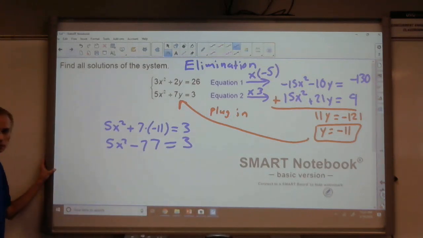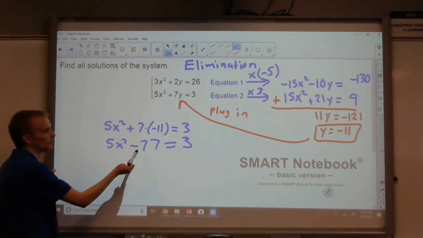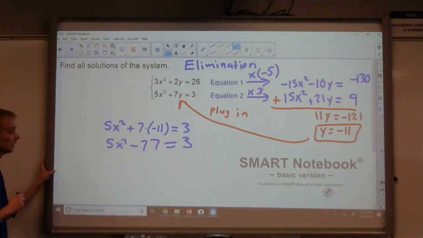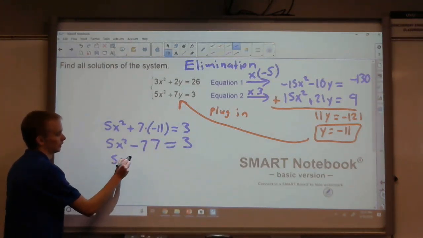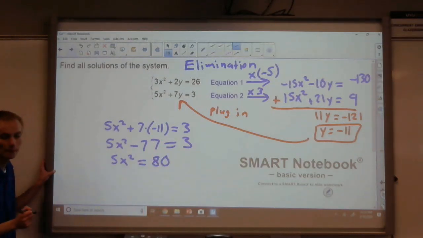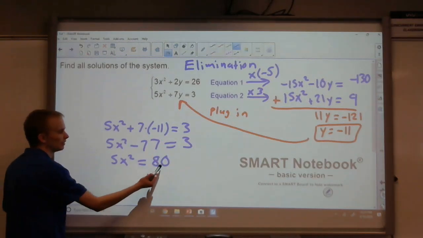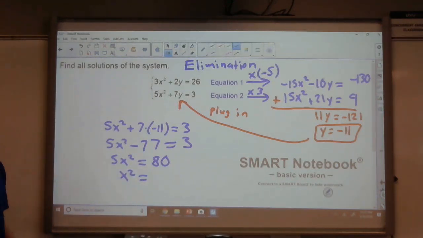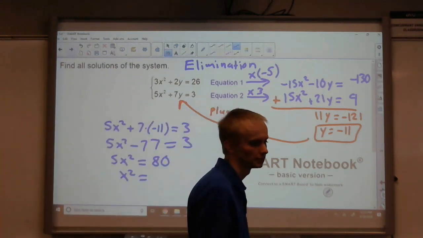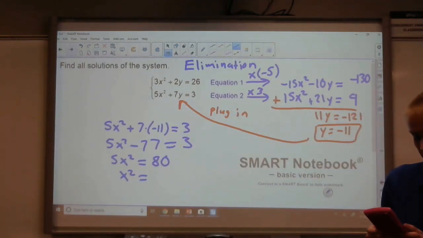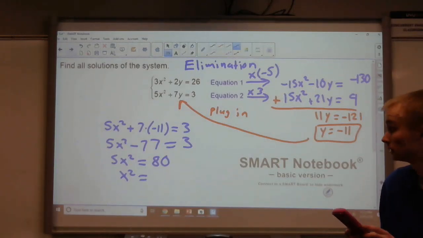This equals 3. Now we just add 77 to both sides of the equation. 5x squared is 80. Divide by 5. Let's see, 80 divided by 5. My brain does not want to do calculations today, guys. 16.